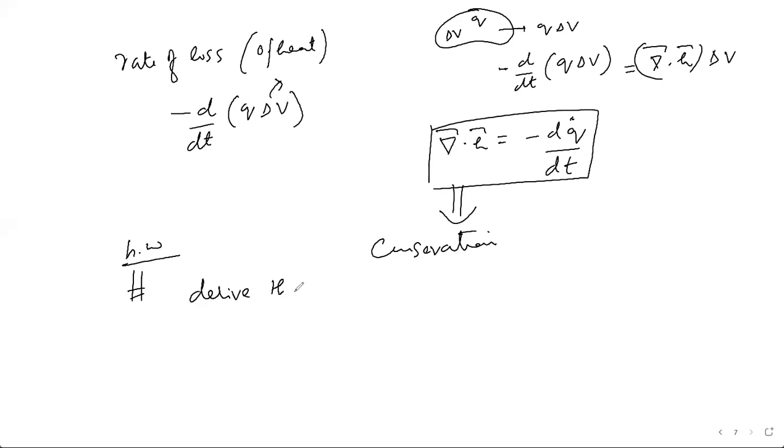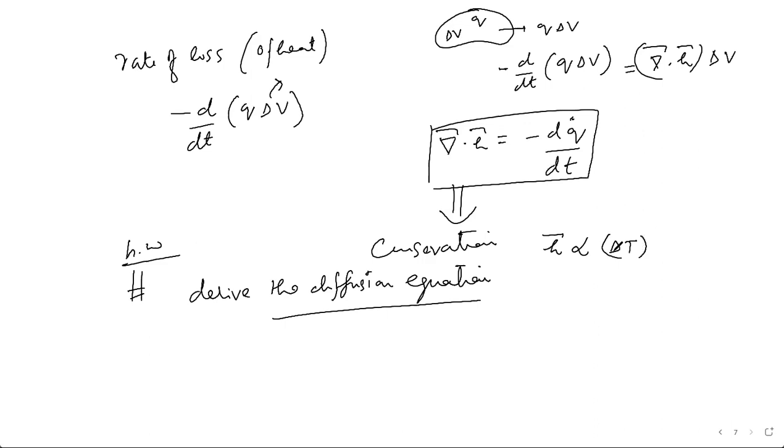Now I put a homework for you. Derive the diffusion equation from it and read about it. So this is your homework, derive the diffusion equation. How do you derive that? I'm going to tell you. The heat will be something proportional to the temperature gradient, right? That's what I said, we have derived this.